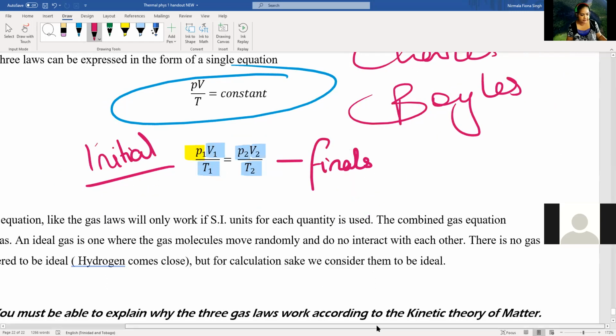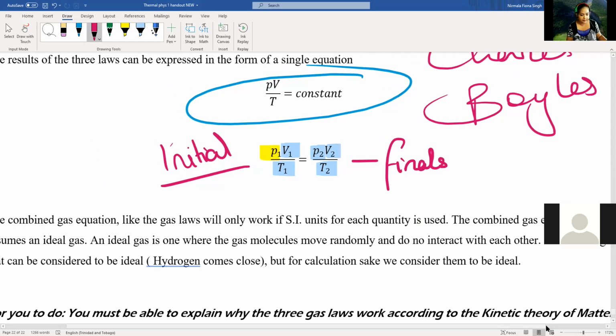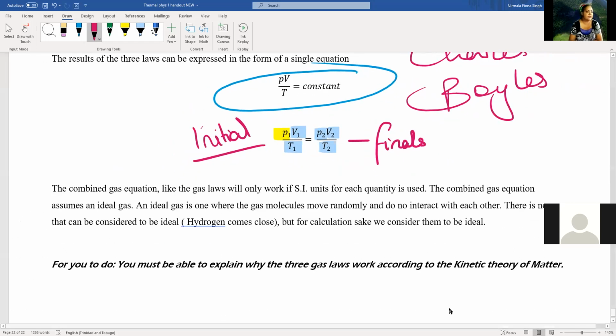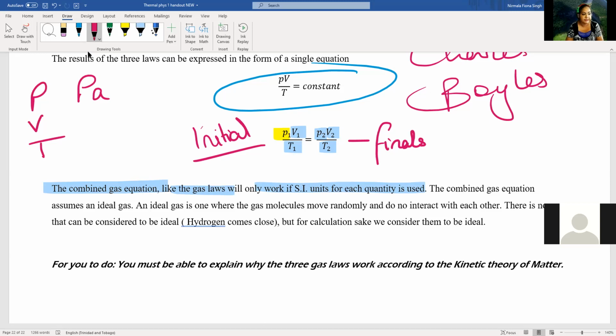So let's read from our screen. The combined gas equation, like the gas laws, will only work if SI units are used for each quantity. So when I speak about SI units, pressure must always be in pascals, volume must always be in meters cubed, and temperature must always be in Kelvin.